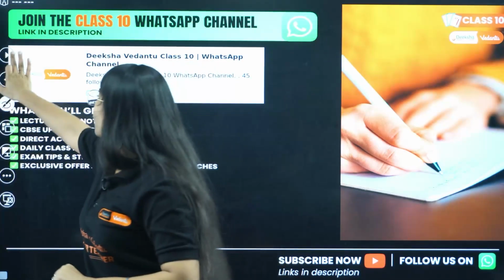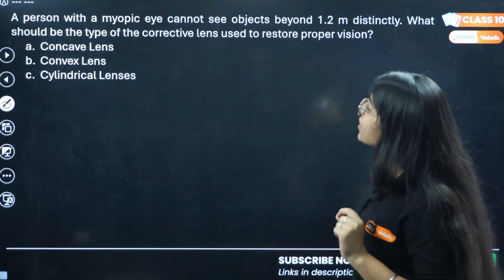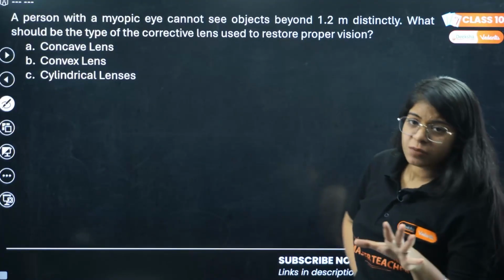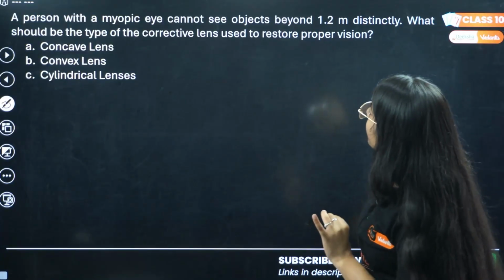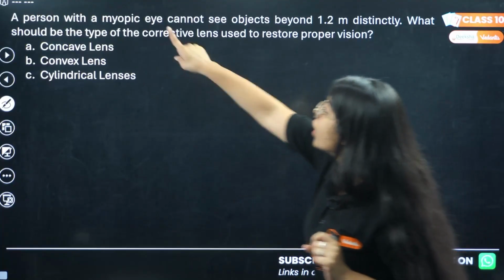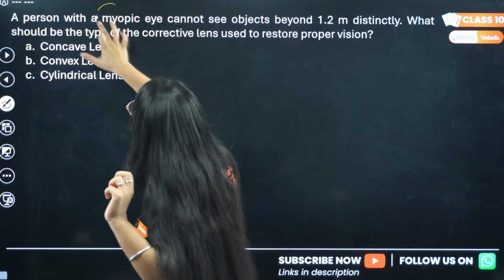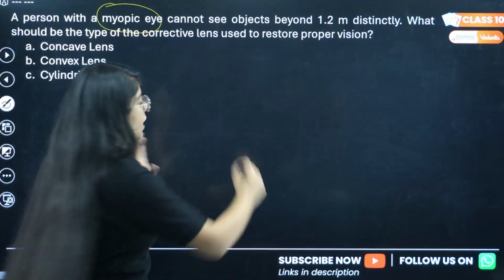Okay, let's do one question then. This will test your revision. A person with a myopic eye cannot see objects beyond 1.2 meter distinctly. What should be the type of the corrective lens used to restore proper vision? So, what do you see? This is a myopic eye, so you do not even have to read the question. Exactly.